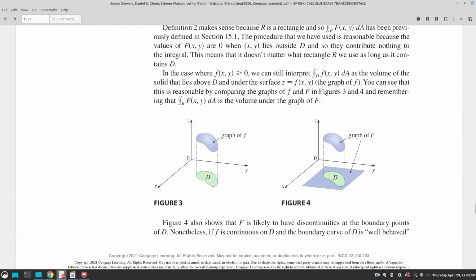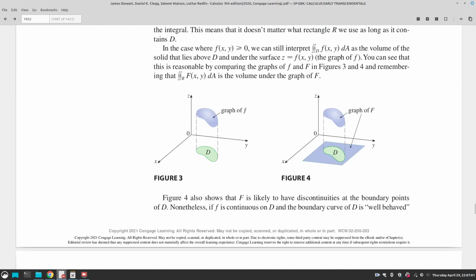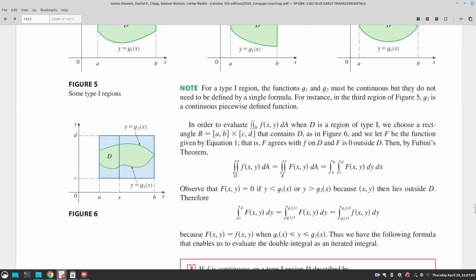Okay, so let's see what happens when we try to apply Fubini's theorem on a type 1 region.